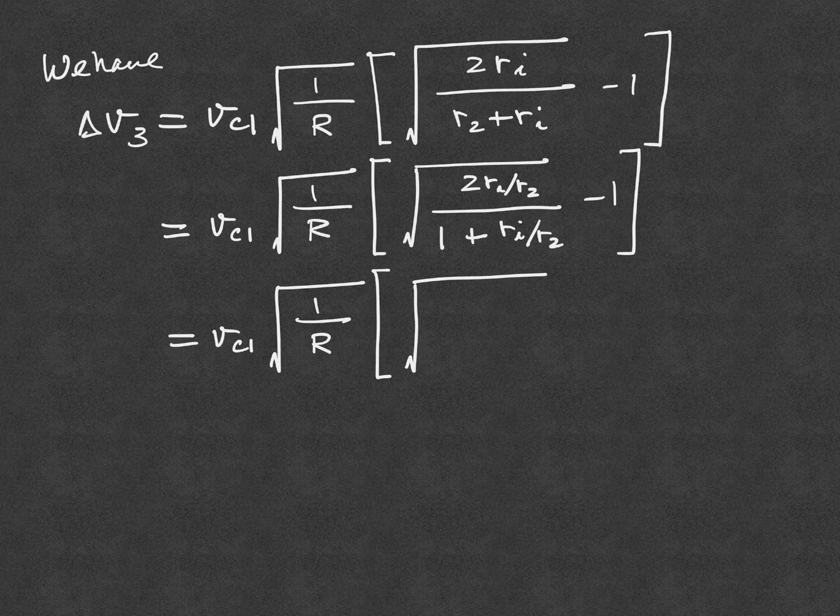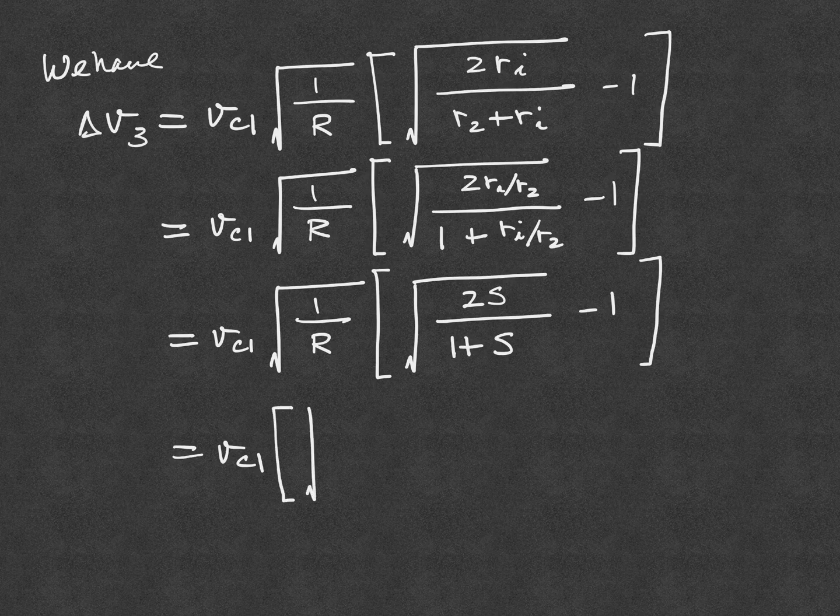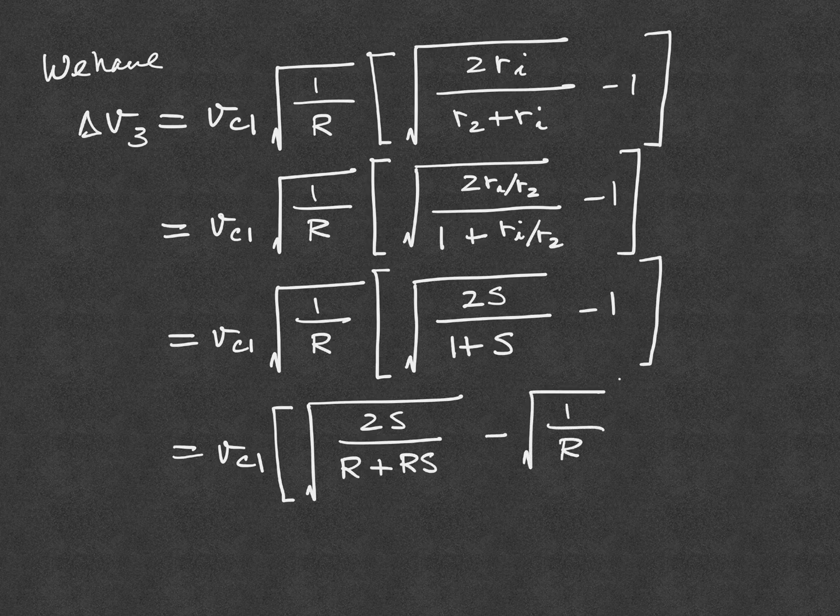Now, Ri over R2 is equal to S. So we have 2S all divided by 1 plus, and then again, S minus 1, which can finally be written as VC1, and I'm going to multiply through by the square root of 1 over R, and that gives the square root of 2S all divided by R plus RS minus the square root of 1 over R. And that's delta V3. So now let's put all three impulses together.